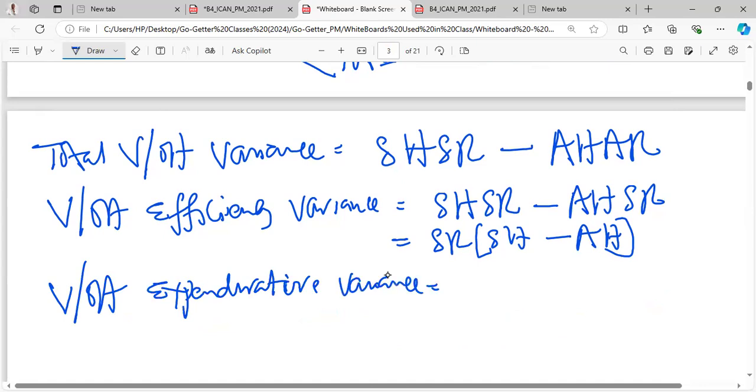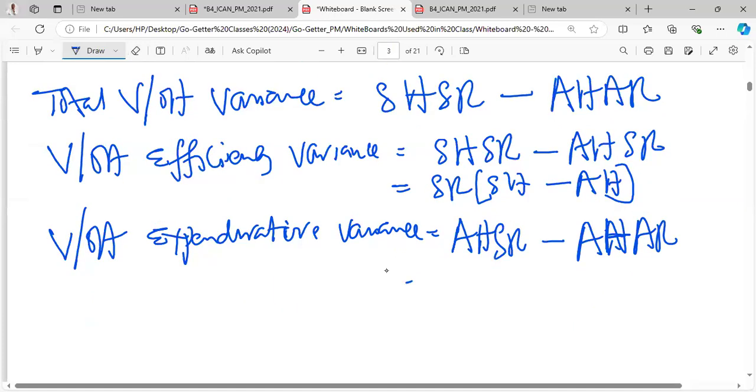We have actual hours, standard rate minus actual hours, actual rate. So actual hours is common. Standard rate minus actual rate.